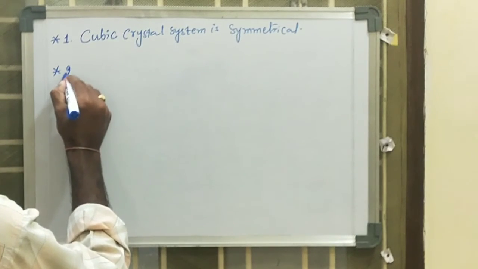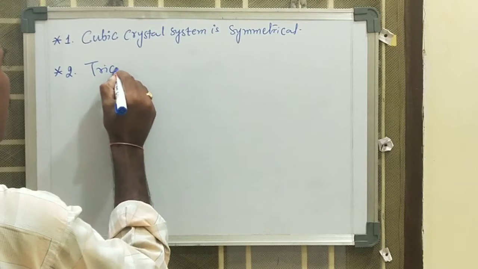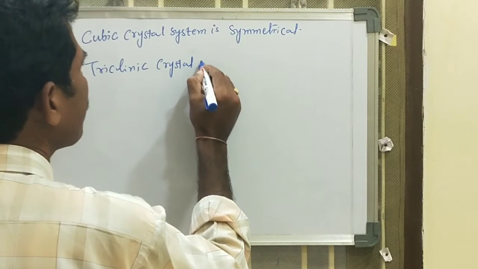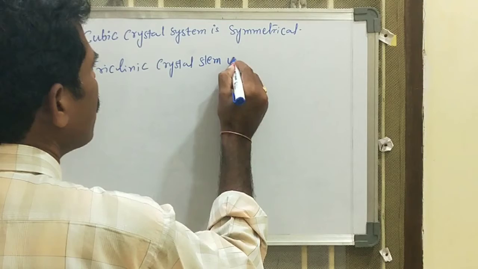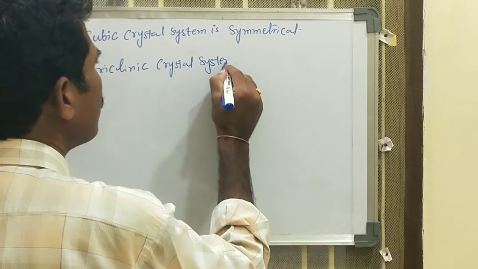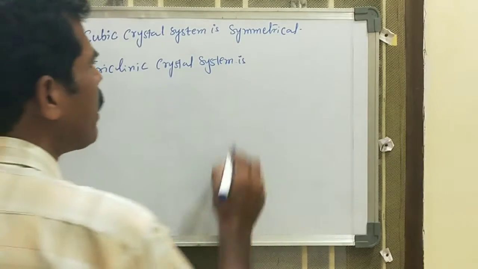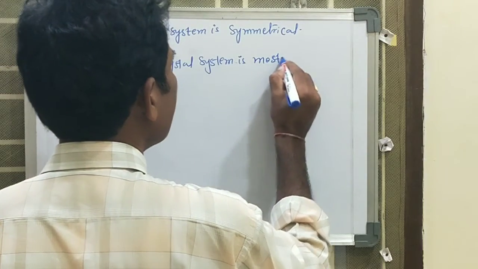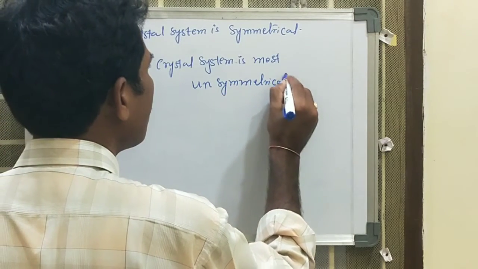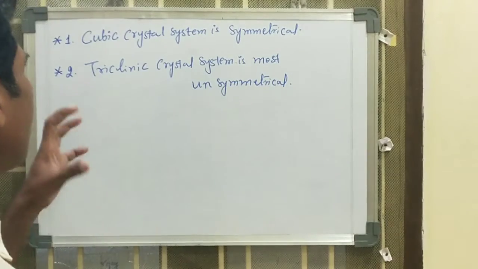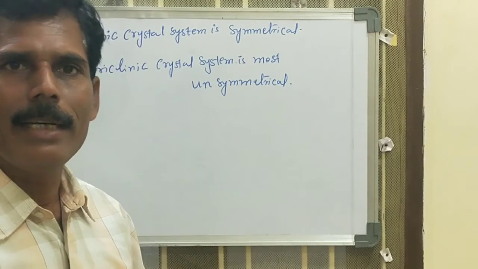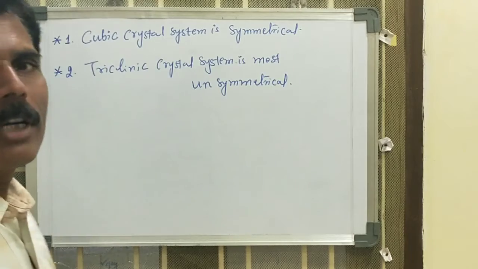Next important point, second one is the triclinic crystal system is most unsymmetrical, because three axial distances are not equal and three axial angles are not equal to 90 degrees. So these are the two important points.